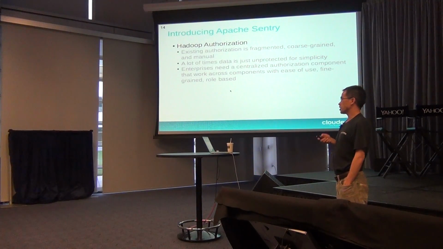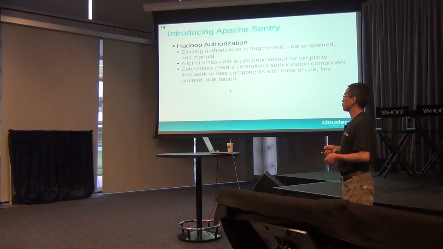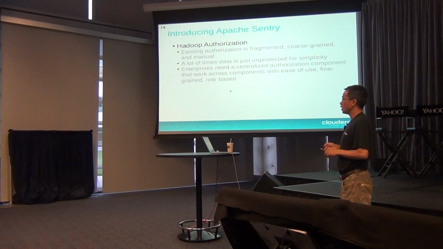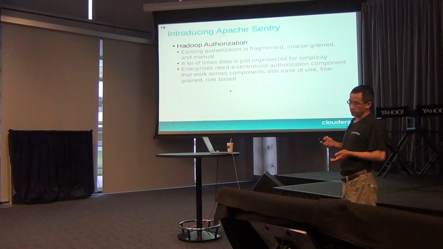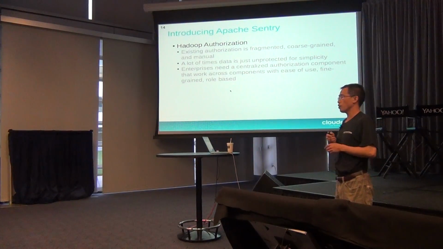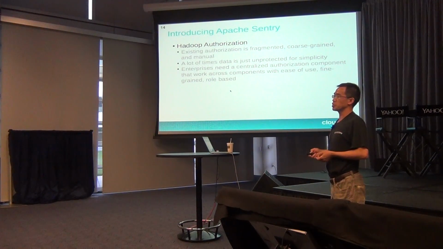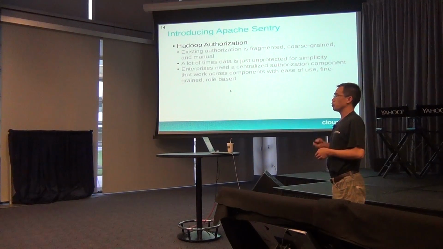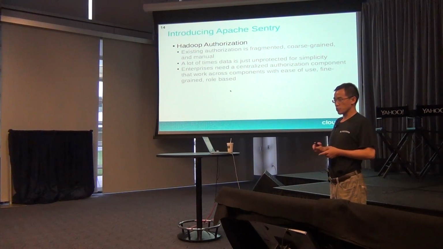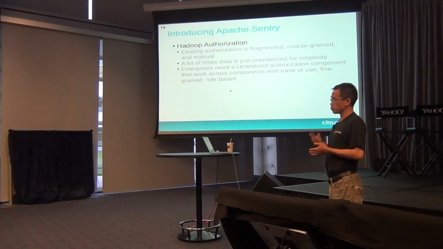As we see from the discussion above, existing authorization is very fragmented, and different components provide different means of authorization. Most of the time, the existing way to do authorization is manipulating the file permissions from HDFS, and since a file can be shared in one group, you either share the file or you share nothing.